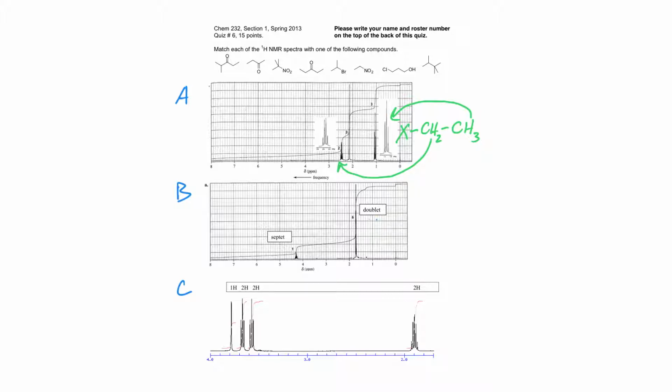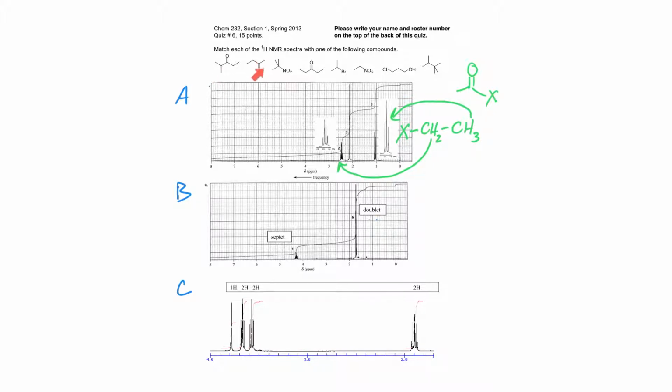And that leaves us with the 3-hydrogen singlet at about 2.15 ppm. So chances are that is a methyl next to a ketone. And that is probably what we're looking for here. Do we see anything that has an ethyl and then a methyl next to a ketone?